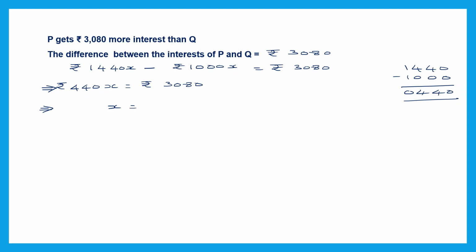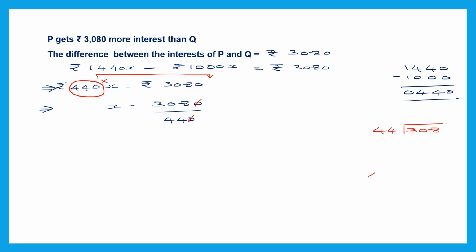X is equal to 3080 divided by 440. How did we get this division? Here 440 is on the left hand side and it is multiplication. When it moves to the right hand side, it becomes division. So that's how we got it. Now here we can cancel the zeros and divide 308 by 44.